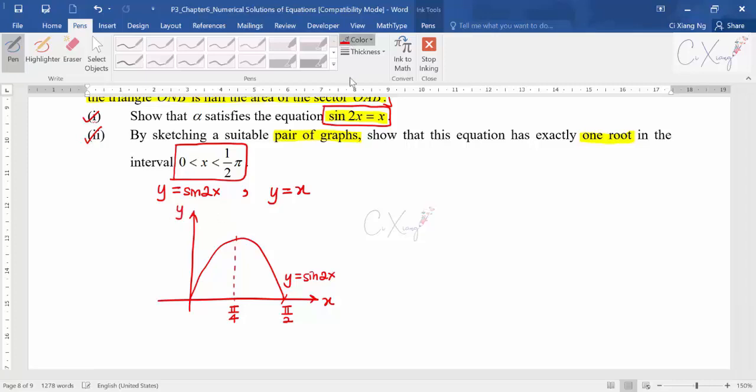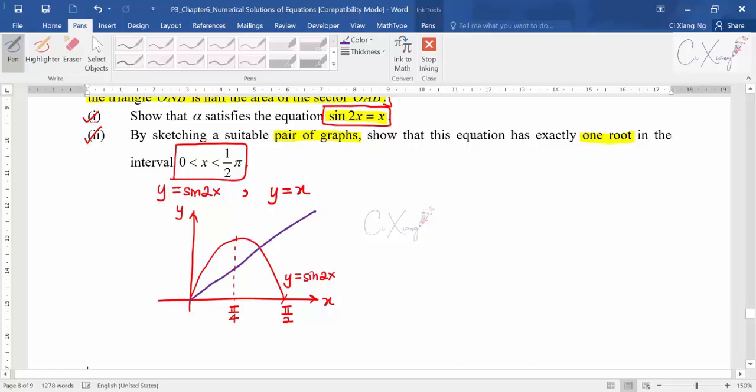Okay, then y equals x is a very simple graph. So y equals x should be something like this. And then you will see that you get one intersection point.